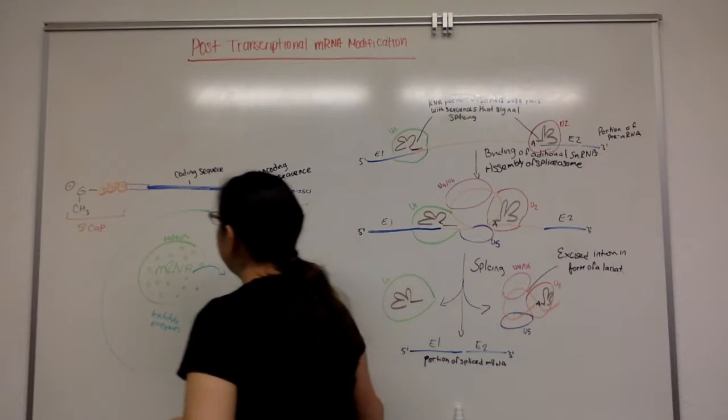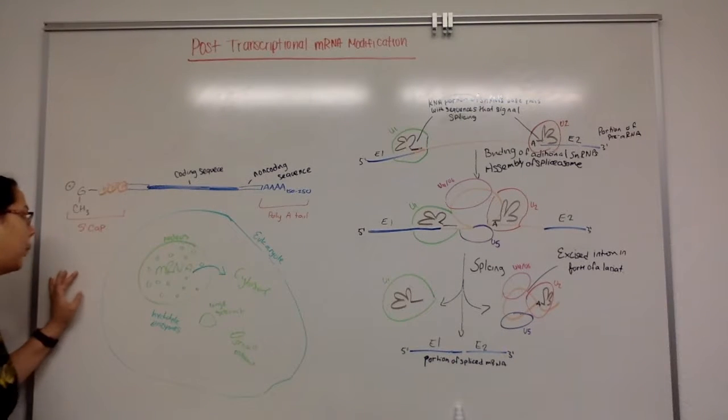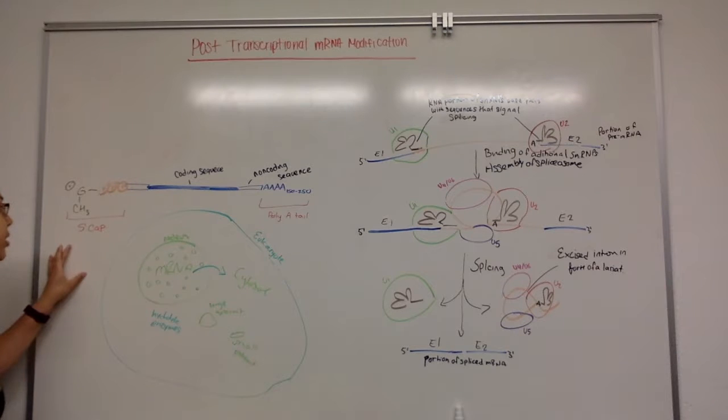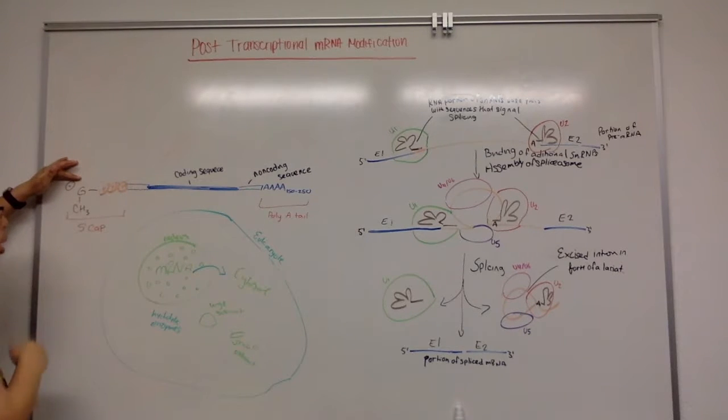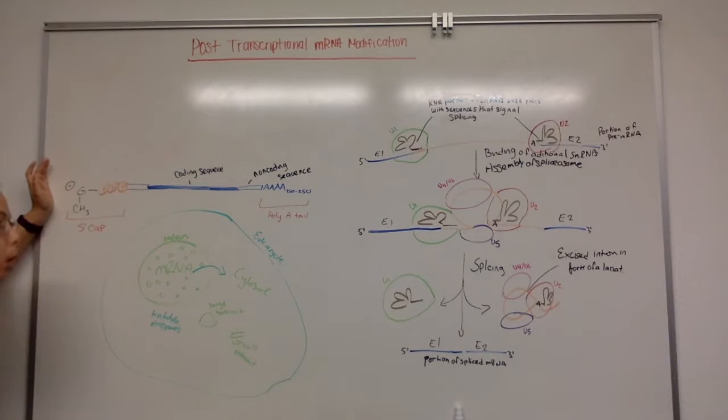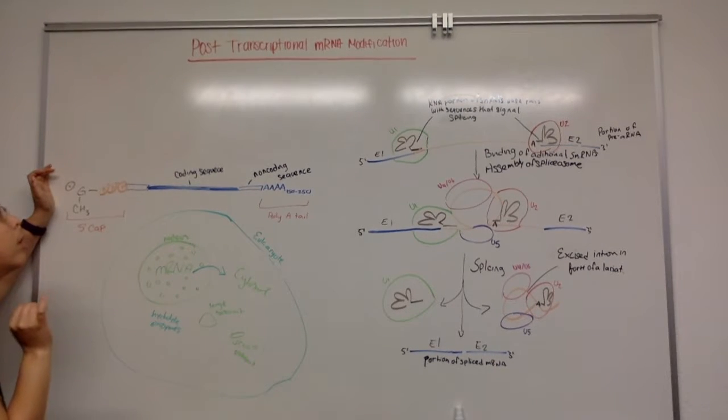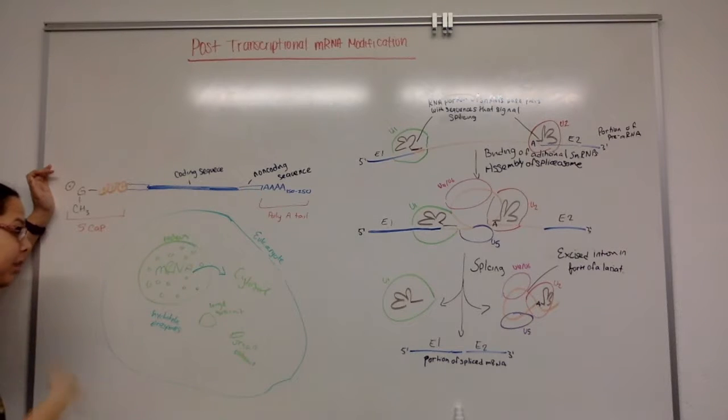The 5' cap is comprised of a triphosphate bridge with a 7-methyl guanine cap. This is on the 5' end. This cap also indicates where the start of the transcription is once it's within the RNA subunits.